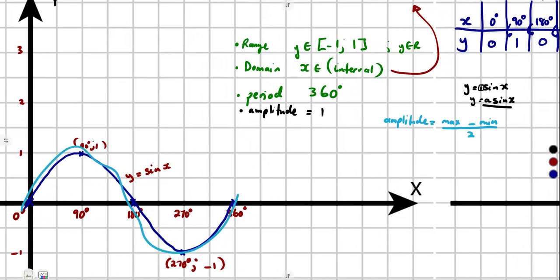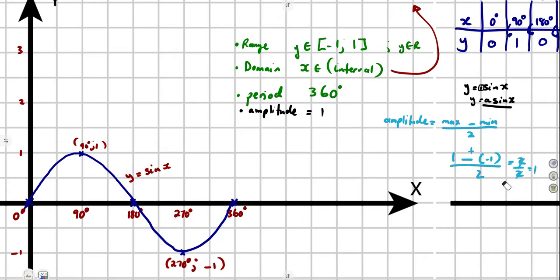The function is of y. Remember, the graph is for y. So the y value is what? Is 1, the maximum value. So it was going to be 1 minus the minimum value. The y value is what? Negative 1. Everything over 2. So that's 1 plus 1, which is 2 over 2. And that was going to give us a 1.